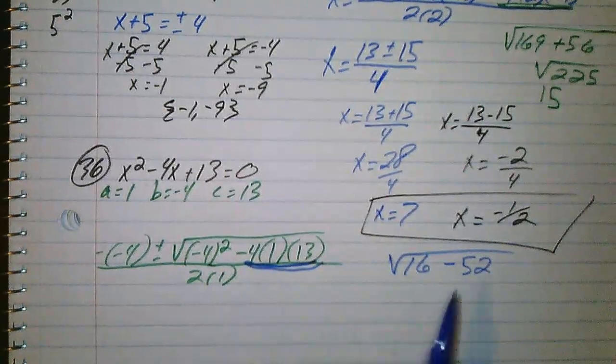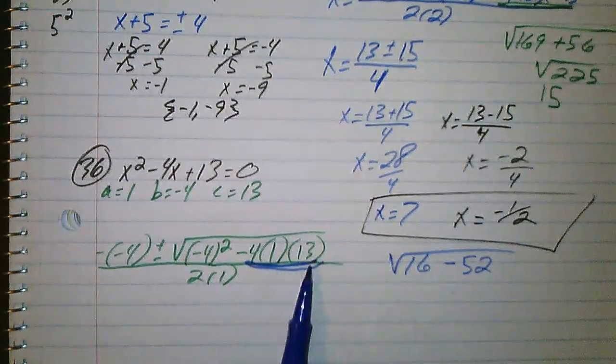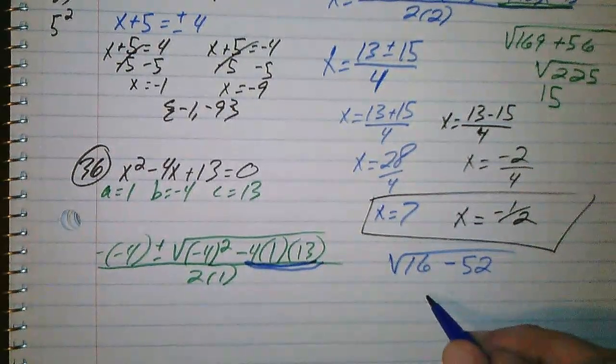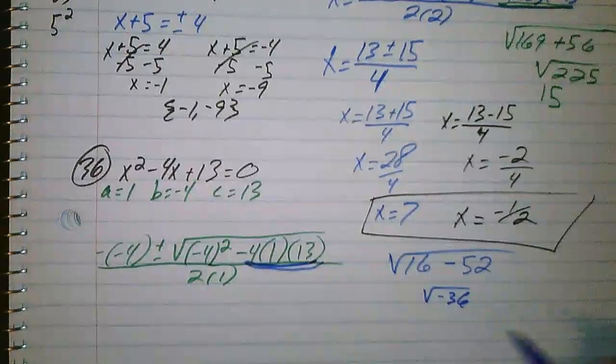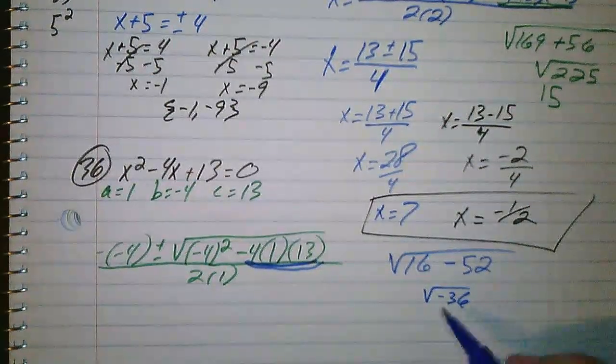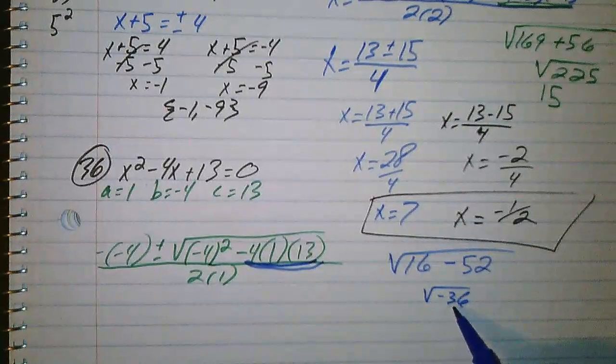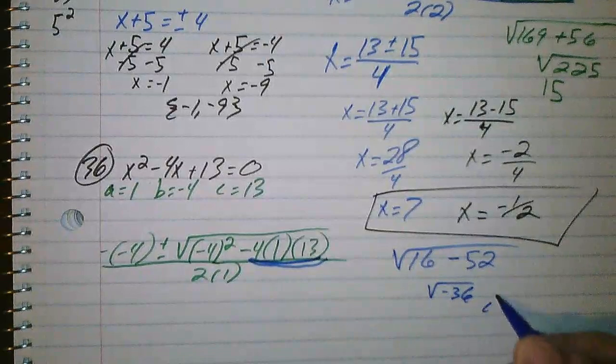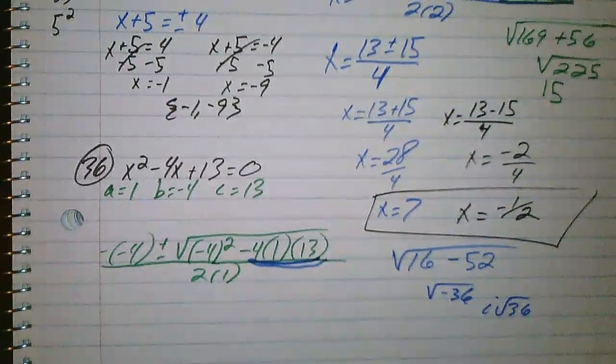It'll be a minus if it's 1 or all 3 terms are negative. 16 minus 52 is negative 36. So the square root of negative 36, that is the same as i times root 36, which is 6i.